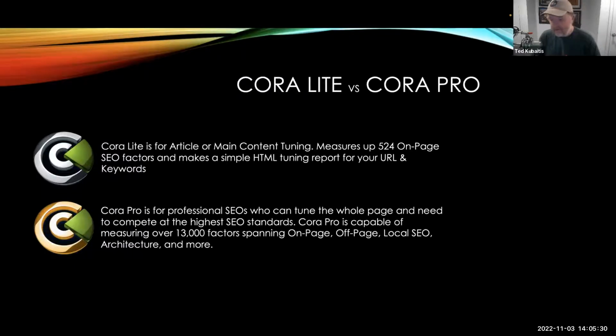But if you're a professional SEO, and you are going to compete against the best SEOs in the industry for the hardest keywords there are to compete for, and you plan on tuning everything everywhere you can because it's that vital to you, then Cora Pro is your tool set. And today we're talking about Cora Pro. So those are the differences between the two products I offer.